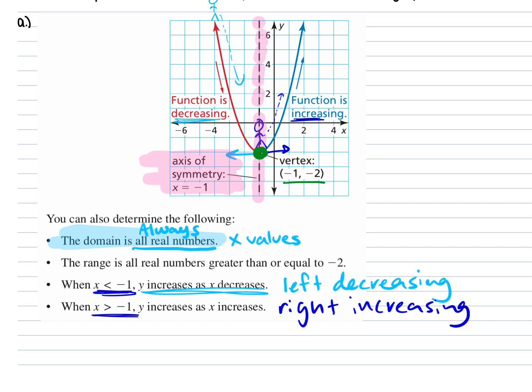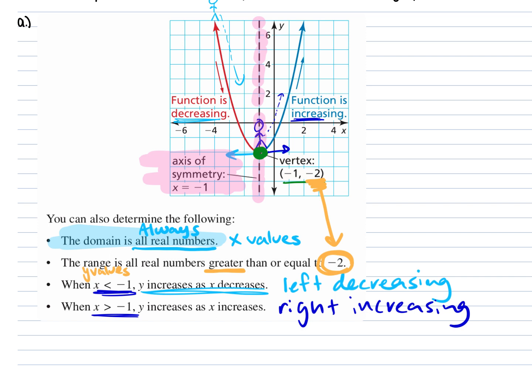The range is our y values. So we look at the y in our vertex, and our range is going to be all numbers greater than or equal to -2. Since the y in our vertex was -2, that's going to be the value that we use in our range. And since our graph opens up, that's why we say greater than.